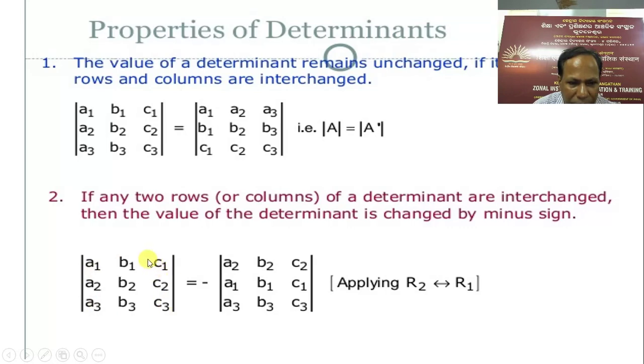If the value of this determinant is delta, then the value of the second determinant will be minus delta. That means if any two rows or columns of a determinant are interchanged, the sign is reversed but the magnitude remains the same.